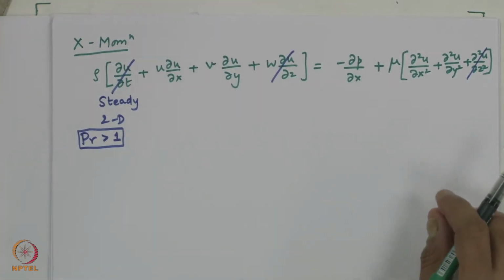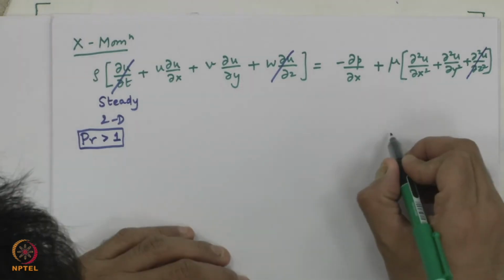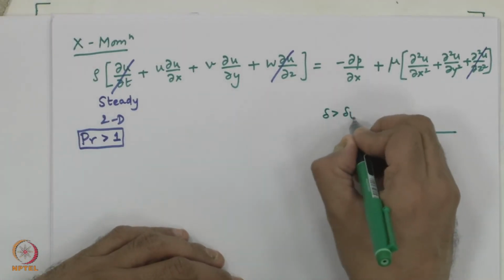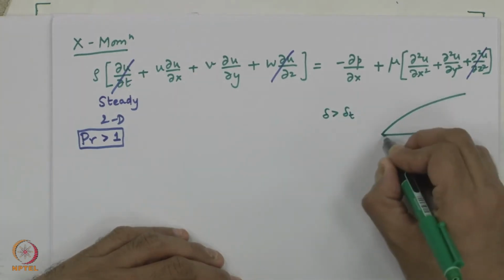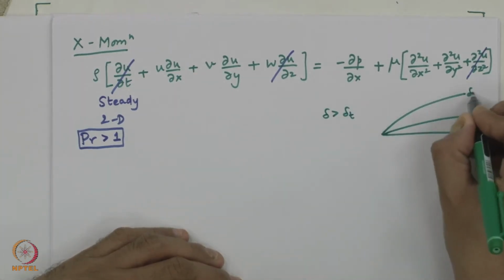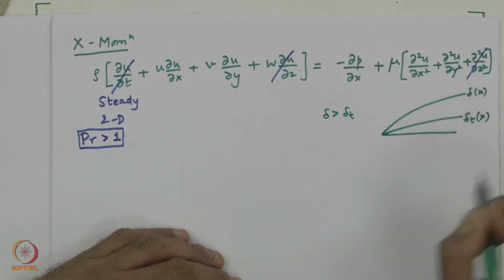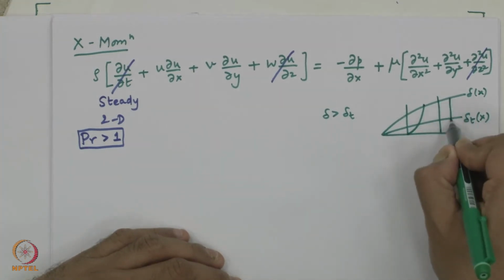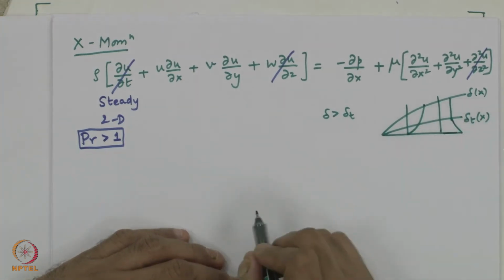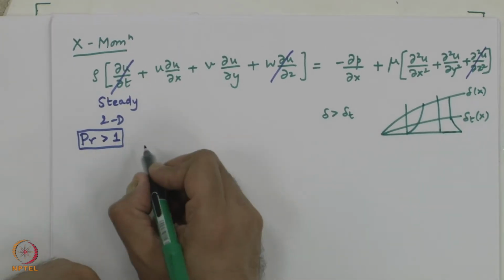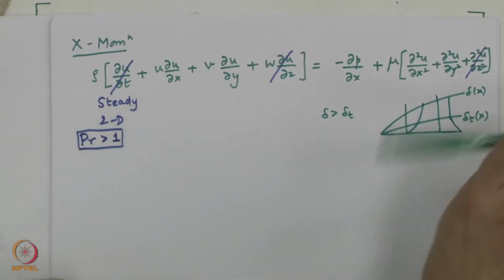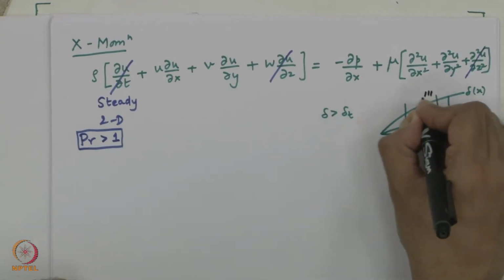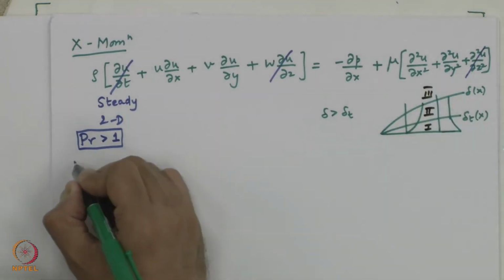Pr greater than 1, I am just going to draw this diagram on the side: delta greater than delta T. So, this is my delta, this is my delta T. My velocity distribution is going to go like this, temperature distribution is going to do this. So, I will write this for 3 regions.